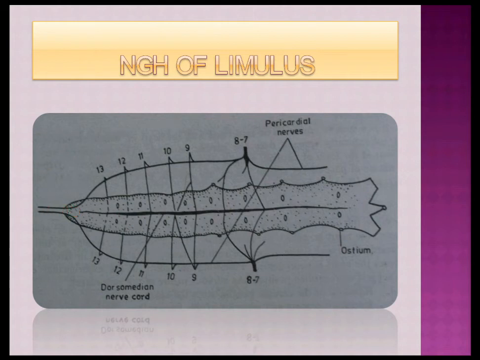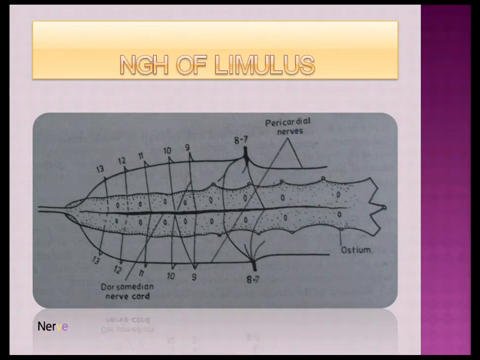So this is the type of contraction which is present in the Limulus. And here we have some ganglionic nerve cells, numbered 7, 8, 9, 10, 11, 12, and 13. So there are 13 pairs of the ganglionic nerve cells present in the heart of the Limulus.